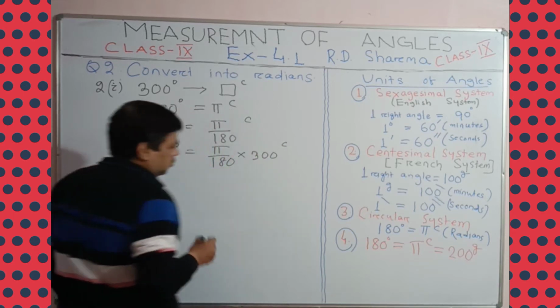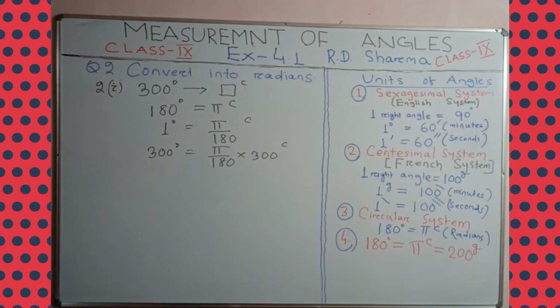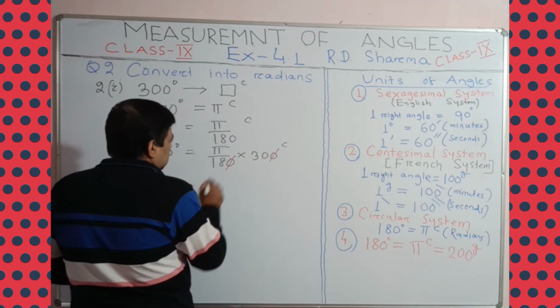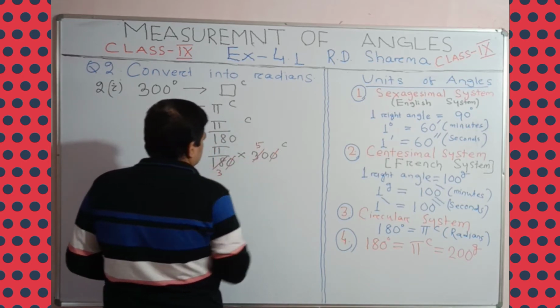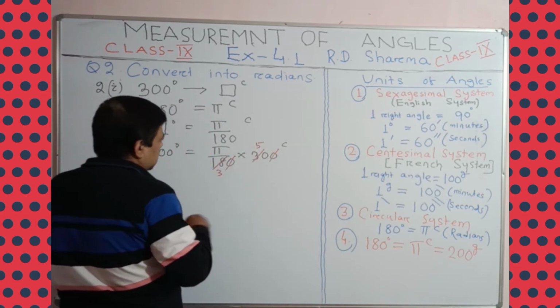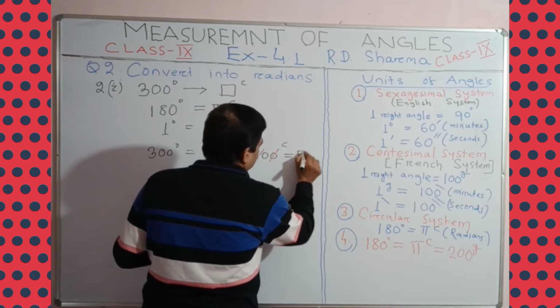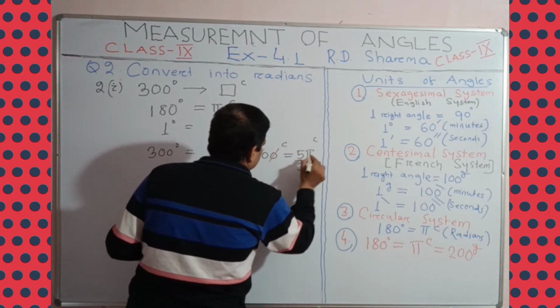Let's cancel and simplify. The zeros cancel; 6 3s are 18, 6 5s are 30. After cancellation, it will be 5 pi by 3 radian.